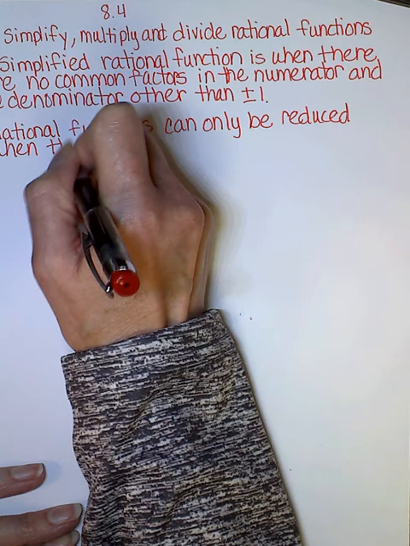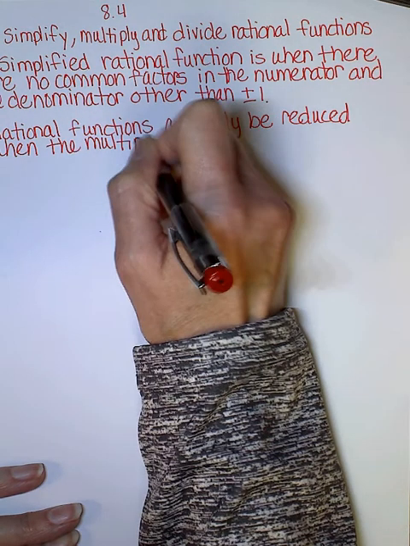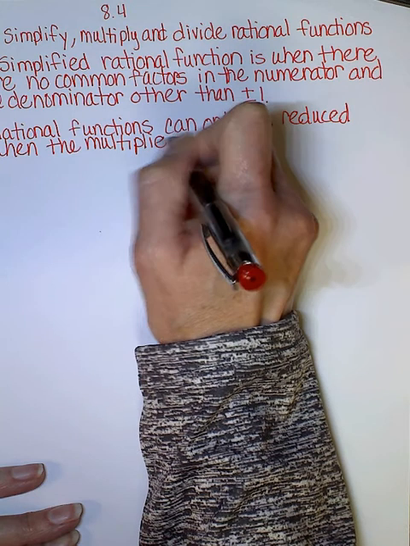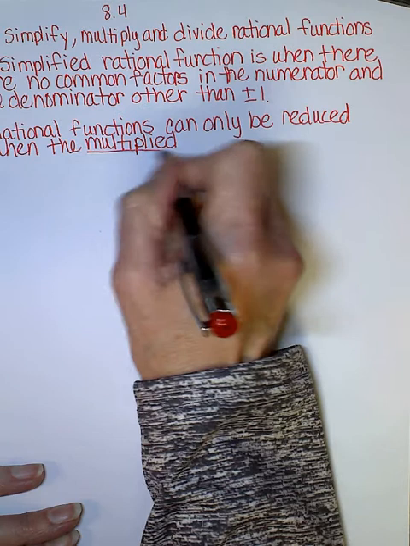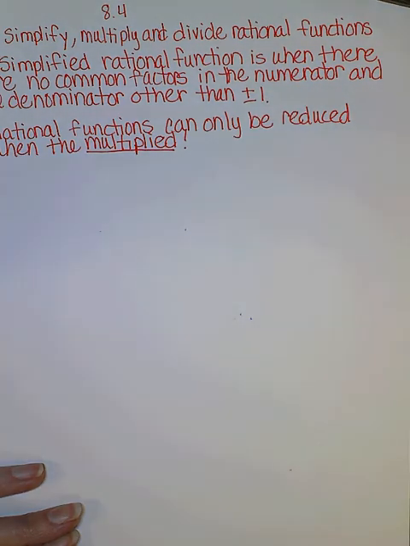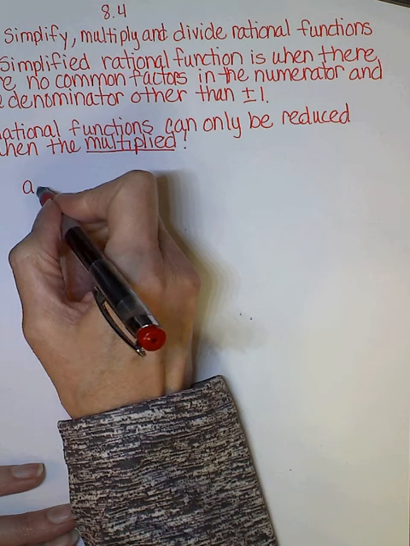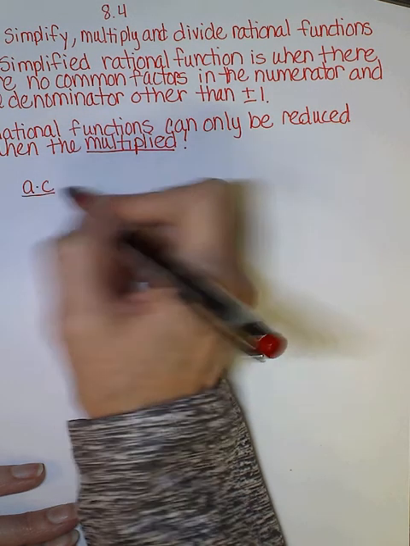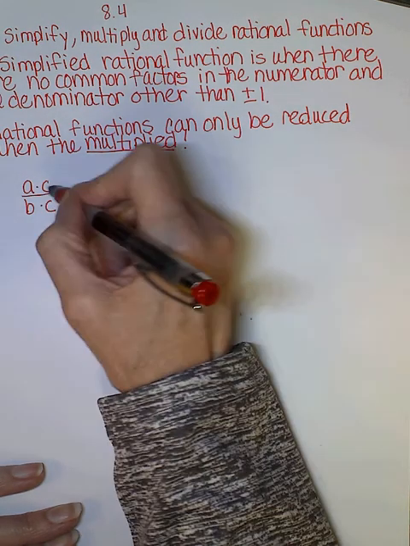And this will cause a lot of problems for you if you try to reduce them when the factors are not multiplied. So you have to get it where all the factors are multiplied together and then you can reduce. So remember another way of writing this, if I have A times C over B times C, then these are multiplication.